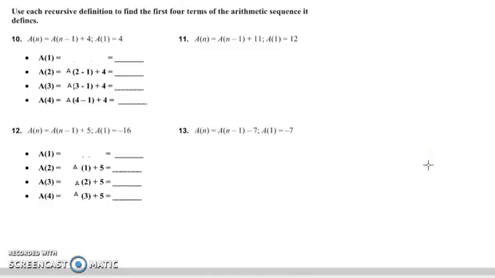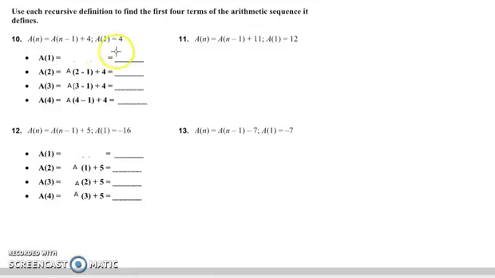Okay, and so the second half of the page here, now we're using the recursive definition to find the first 4 terms. So I'm running through this whole front page and then letting y'all have time to work on this. We're using the recursive definition to find the first 4 terms.